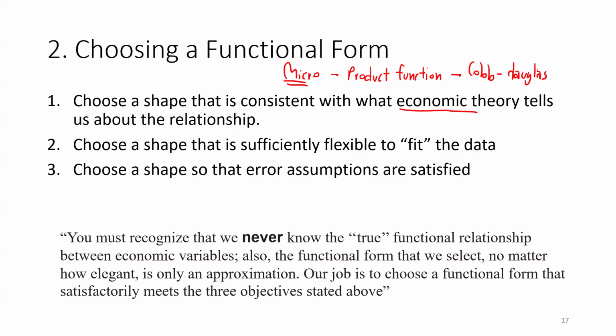Have you ever heard about this in microeconomics? Cobb-Douglas function means you have to interpret as percent. So for a production function in economic theory, you have to use a log model.